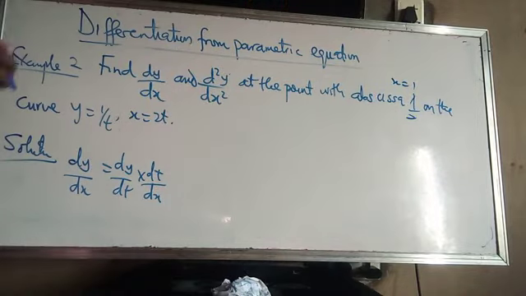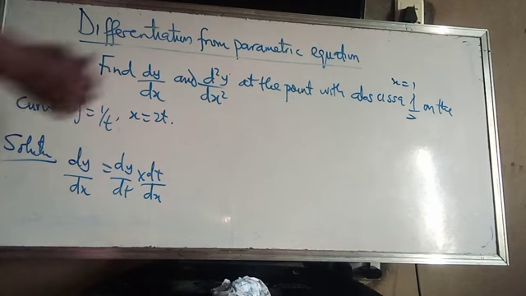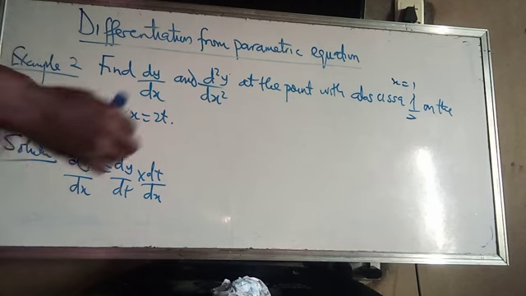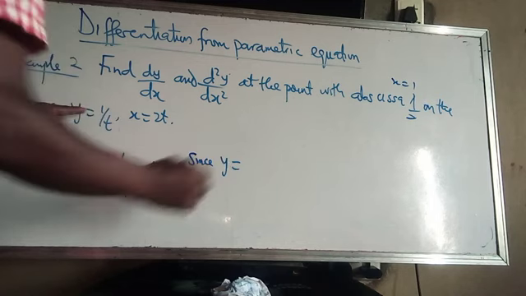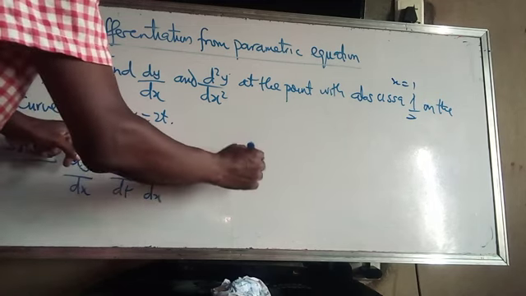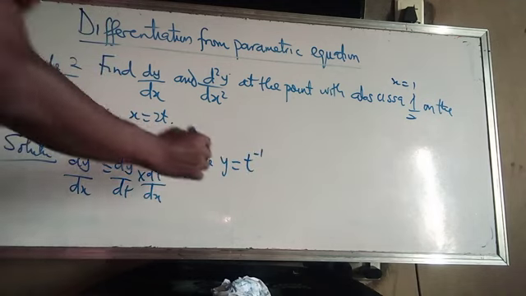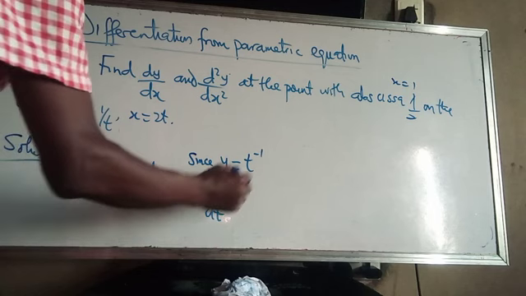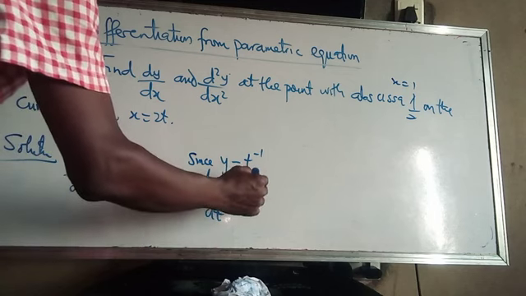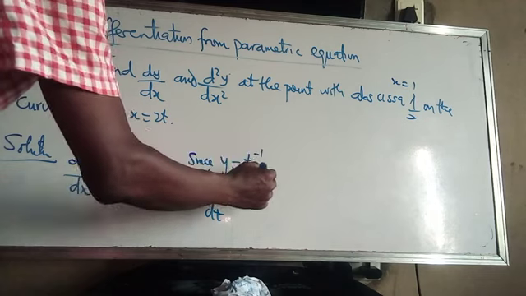Abscissa means the value of x on the graph. Now, since y is equal to 1 over t, this can be written as t raised to minus 1. So dy/dt will be minus 1 times t raised to minus 1 minus 1, which is minus 2.